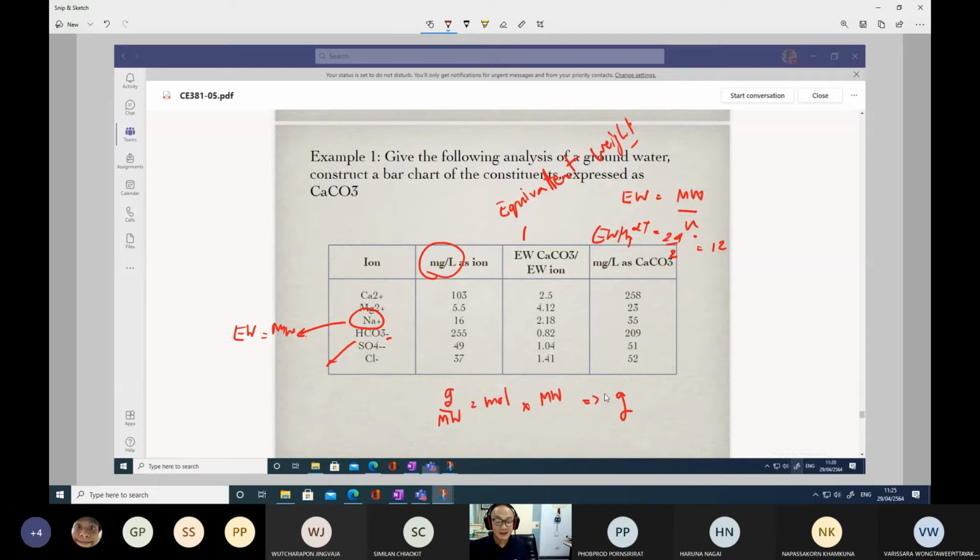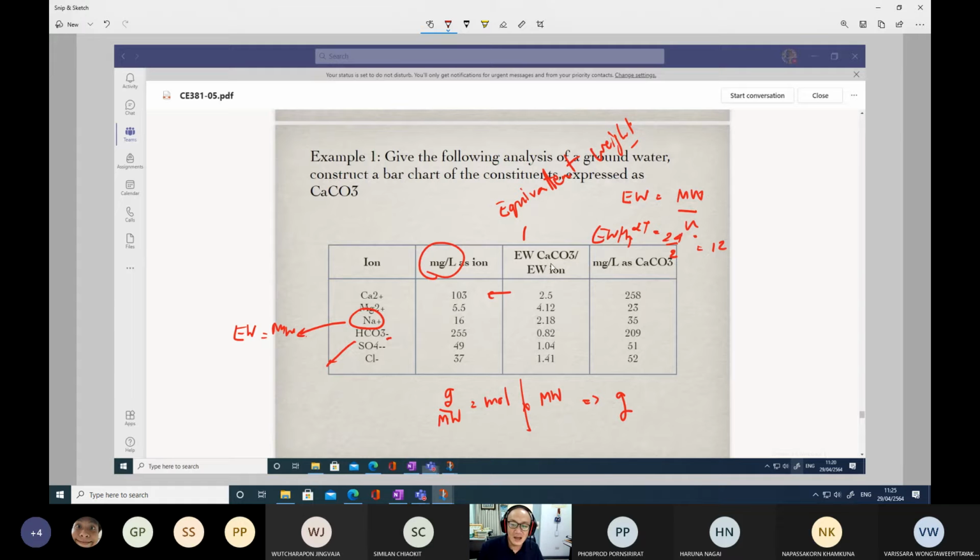Okay, this is another step. That is why in order to convert milligrams per liter as an iron to milligrams per liter as calcium carbonate, you have to multiply this one with this ratio: equivalent weight of the calcium carbonate divided by equivalent weight of an iron.